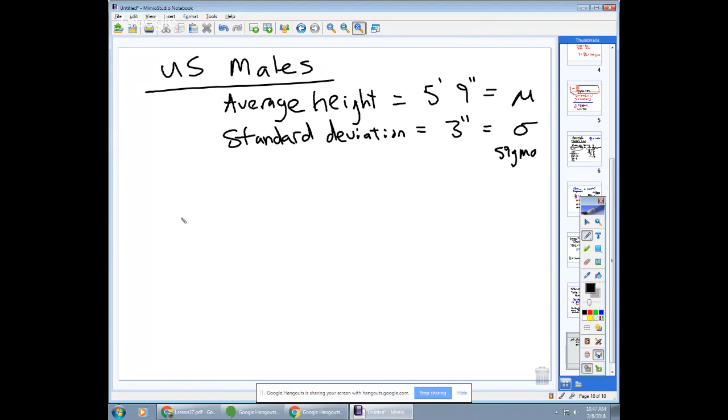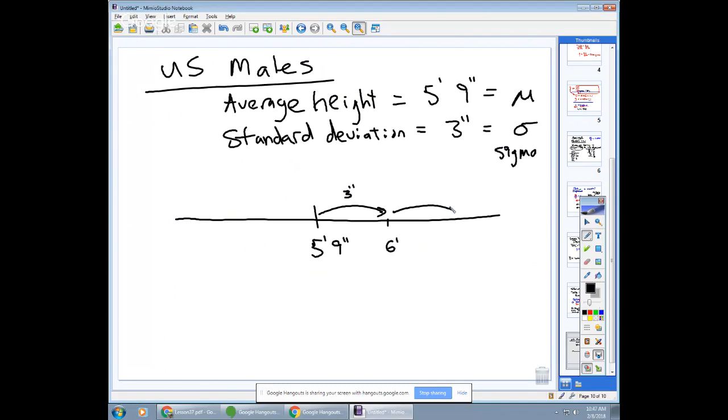So if I look at a number line, here's 5'9", right? If I go 3 inches to the right, where is that going to put me? 10, 11, 12. It's going to put me at 6 feet, right?